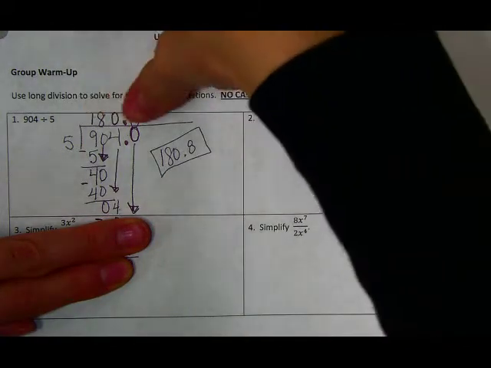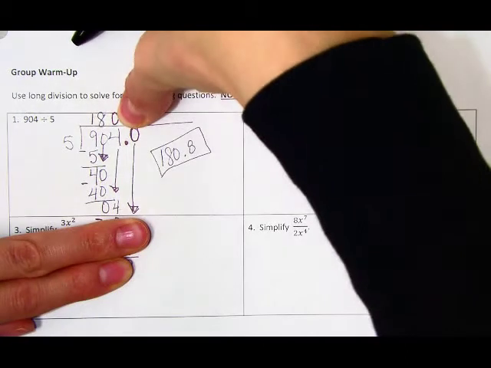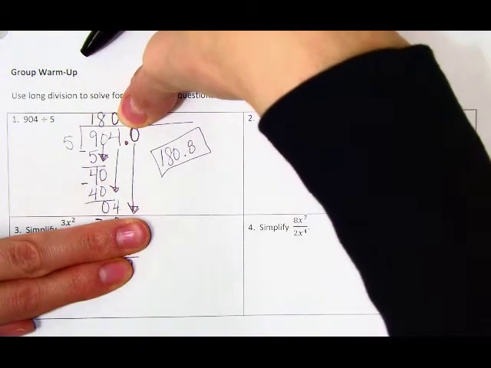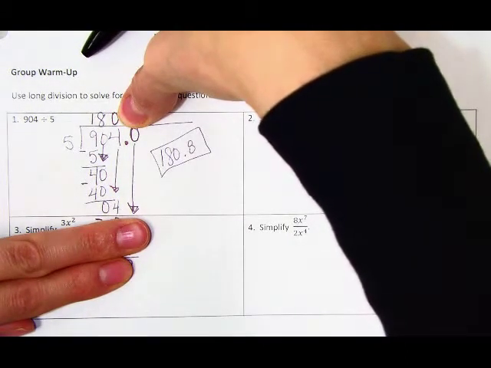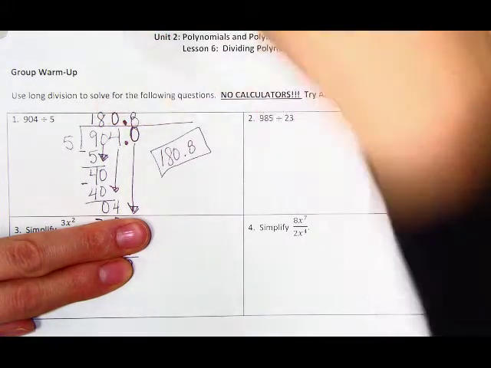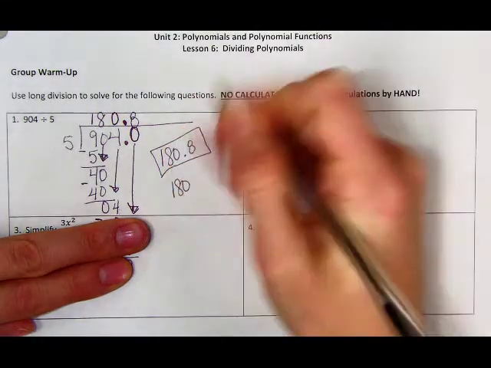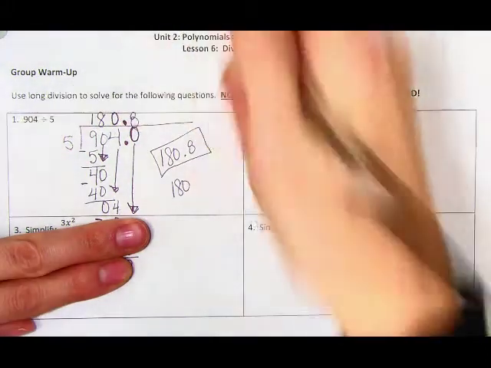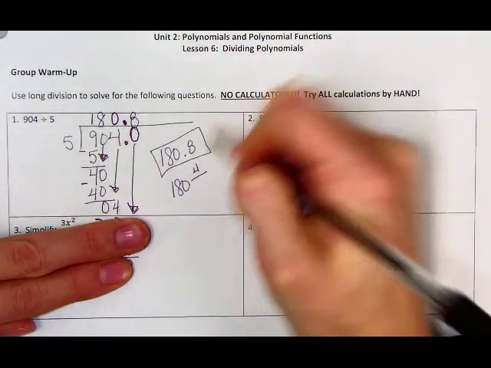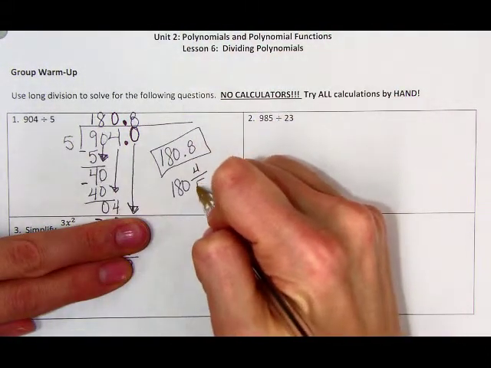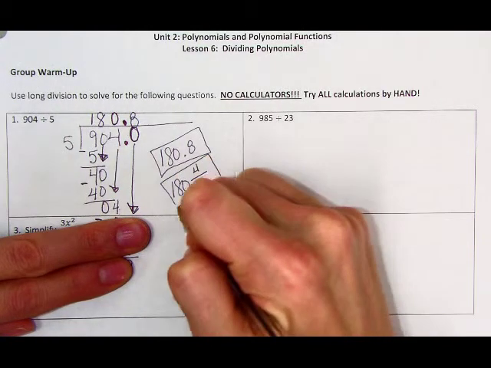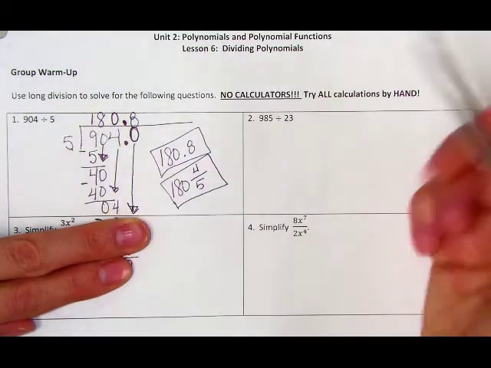So before we added the decimal and the 8, we had 180 with a 4 left over as a remainder. So we could also write this as 180 with a remainder of 4 over the number that we were originally dividing by outside.